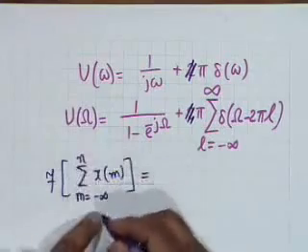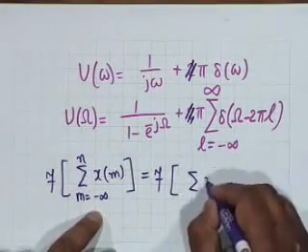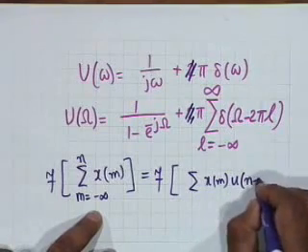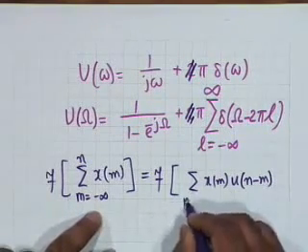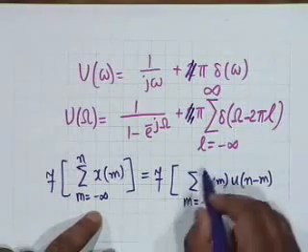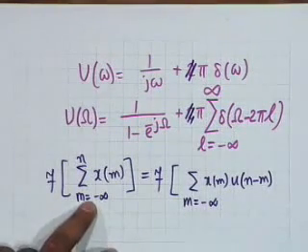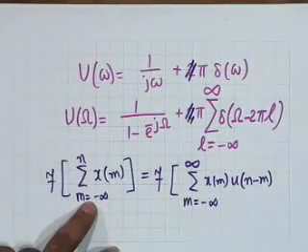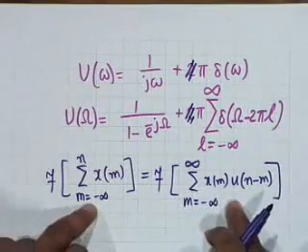Now the quantity within the square brackets can be written as summation x of m, suppose we write u of n minus m, alright. Then m goes from minus infinity. What is the upper limit of n now? M. It can go to plus infinity. Isn't that right? Aren't these two summations the same?